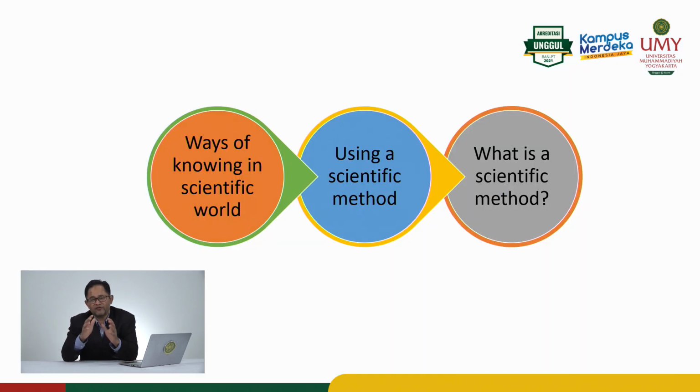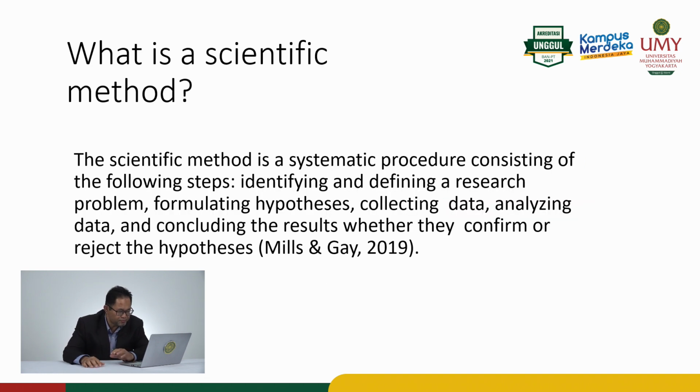And those kinds of knowing in research must be scientific. So there are ways of knowing in the scientific world. In the scientific world, people must use a scientific method. Now we should know what the scientific method is.